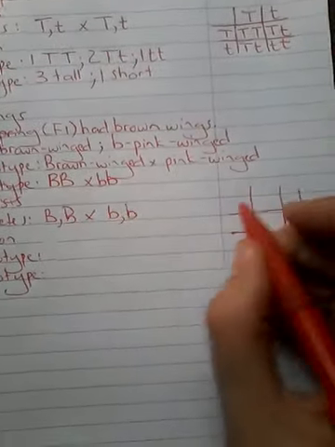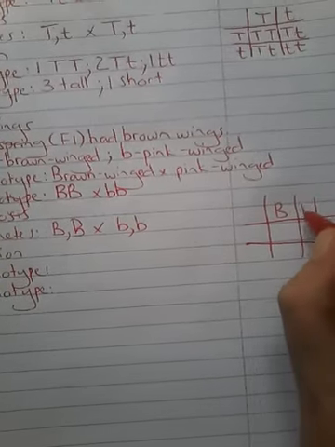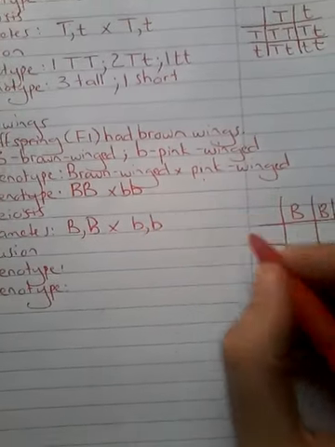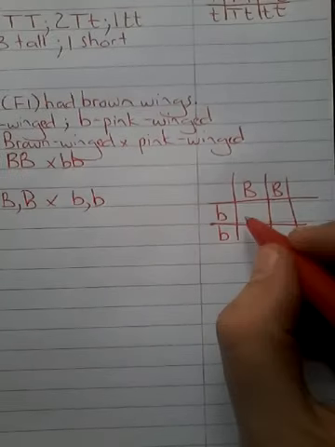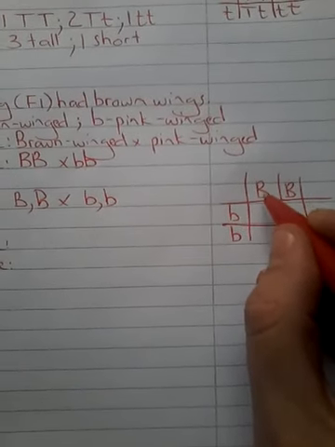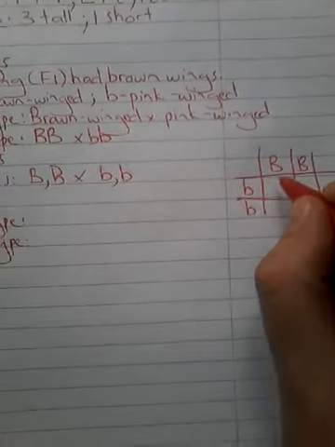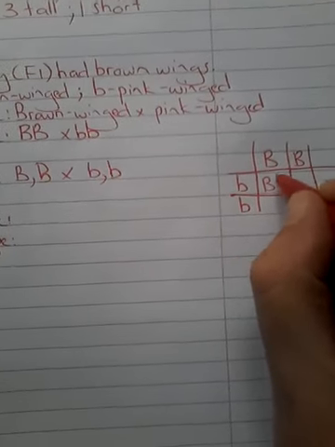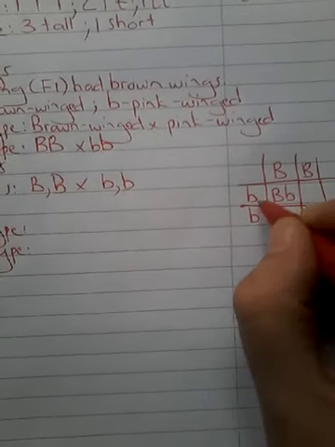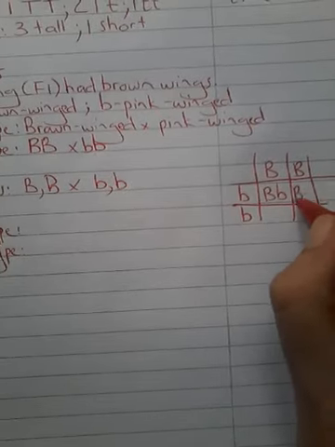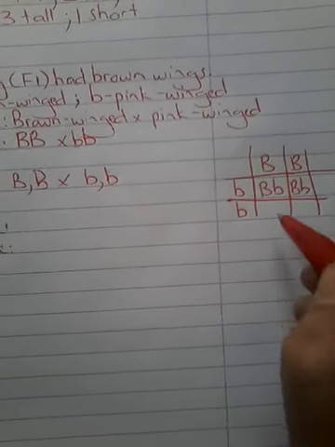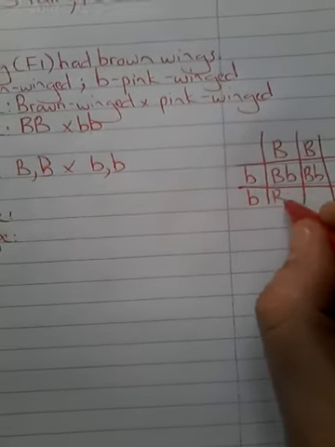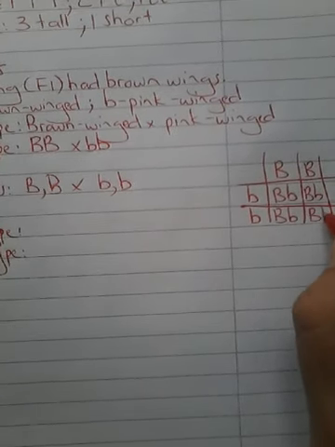We'll take this one first, put it at the top, this one second, put it at the bottom. This first block, capital letter always first, capital B, small b, capital B, small b. And you'll see that's the same for all of the blocks. They're all capital B, small b.